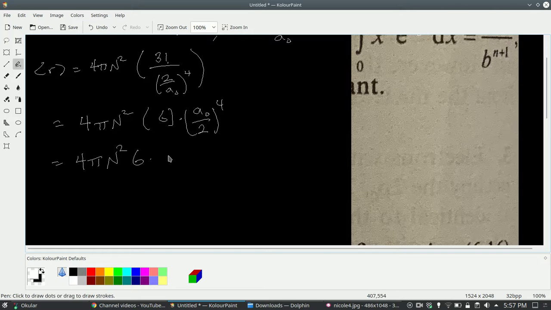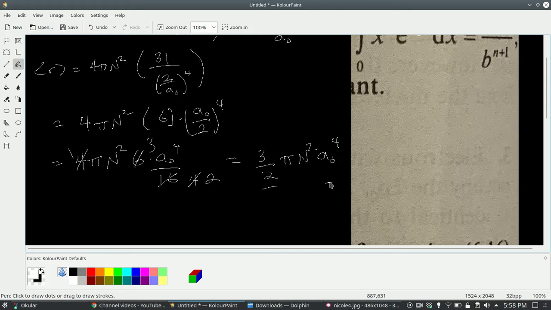Now 6 times a naught to the 4th over 2 to the 4th power, which is 16. So this is now a 4, this is a 1, and I can divide this by 2 and divide this by 2. So I end up with 3 halves. That's promising. That's what I wanted. Times pi n squared a naught to the 4th. All right.